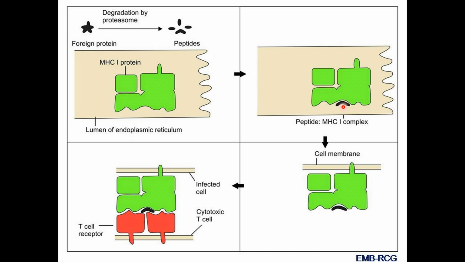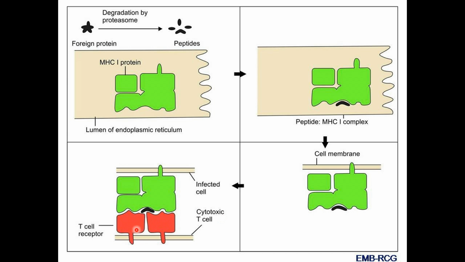Now, one peptide binds to this particular MHC1 protein, forming a complex made up of a foreign peptide and a self MHC1 protein. This complex travels to the cell membrane of the infected cell. The MHC1 protein gets inserted in the cell membrane, and this foreign peptide is displayed on the surface of the infected cell.